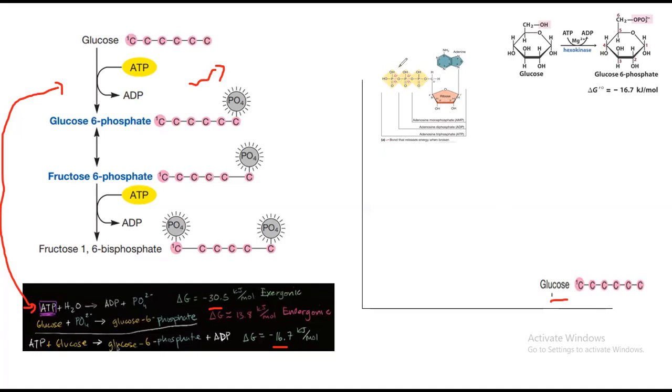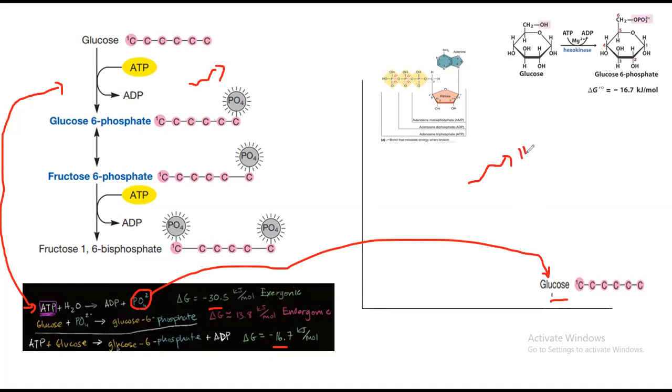So ATP will first be hydrolyzed, and then this phosphate will be added to the glucose, and this energy will be produced. Half of the energy will be used by adding phosphate to the glucose, and half will be dissipated as heat.